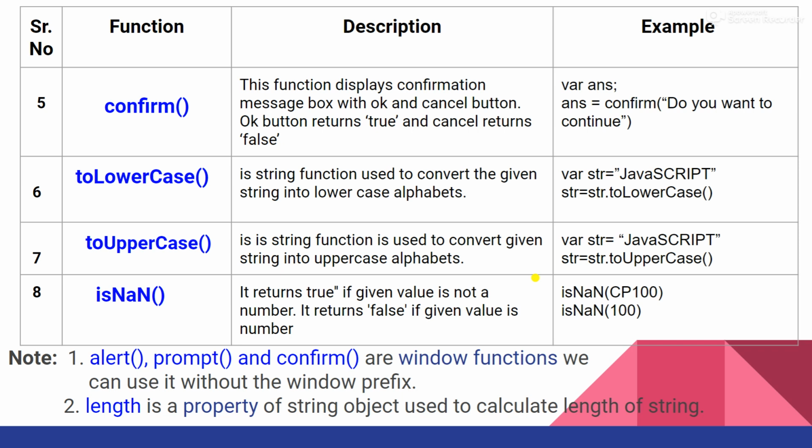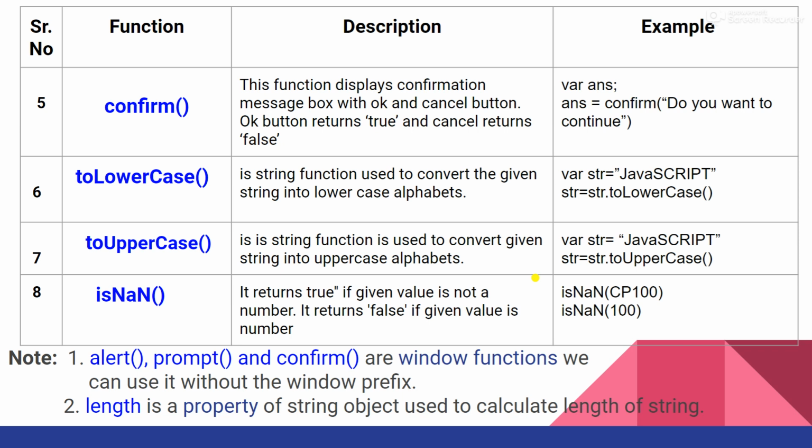Right. Next, toLowerCase. Now this is a string function. String function means we can use this function on a string. So it is a function used to convert the given string into lowercase alphabets. See what the name of the function is? toLowerCase means you can convert it to lowercase, right? So obviously the data has to be in capital letters, so only then can we convert it into lowercase. Agree? So the example given: variable str equal to JavaScript.